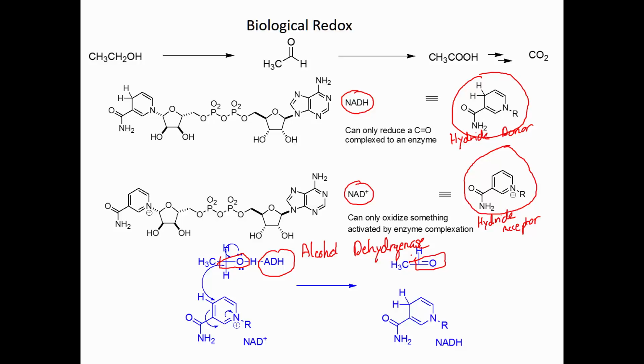For one thing, chromium-6 is quite toxic, but even more important, a biological system as complex as a human is just loaded with OH groups. Every one of those could potentially do the oxidation with chromium-6, whereas alcohol dehydrogenase will only make a complex with ethanol, and so only ethanol gets oxidized under these conditions.